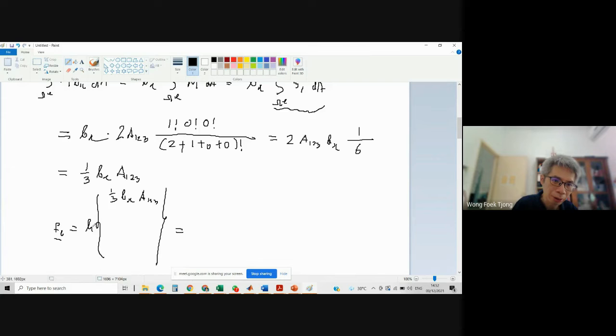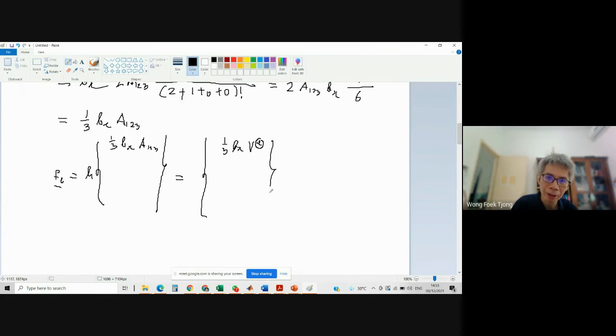But the area of the element times the thickness is nothing but the volume. So it's 1/3 Bx times the volume of the element. This is the volume of the triangular element.